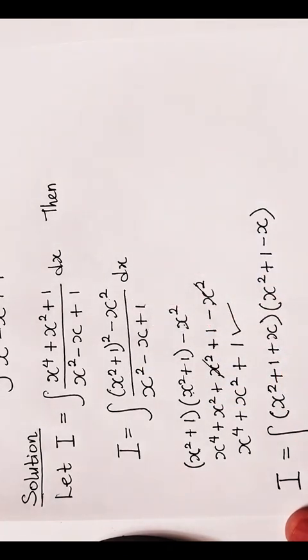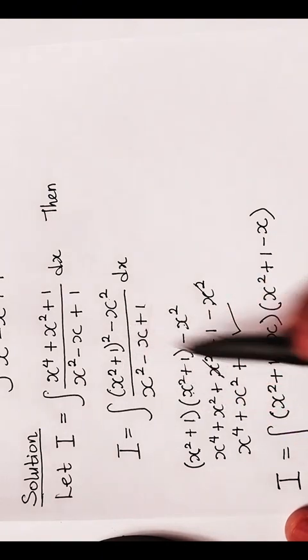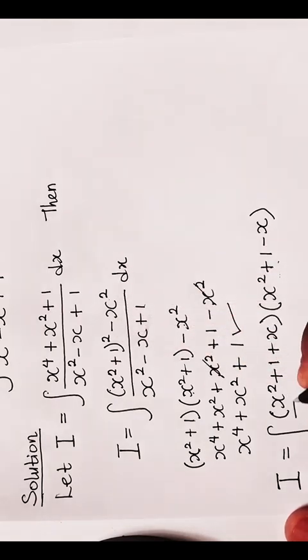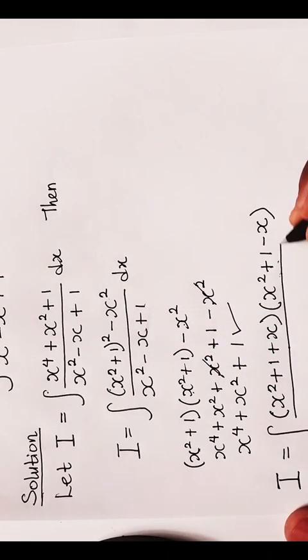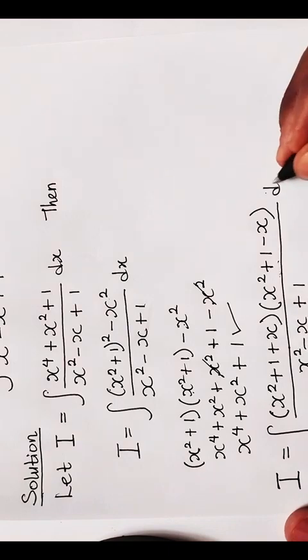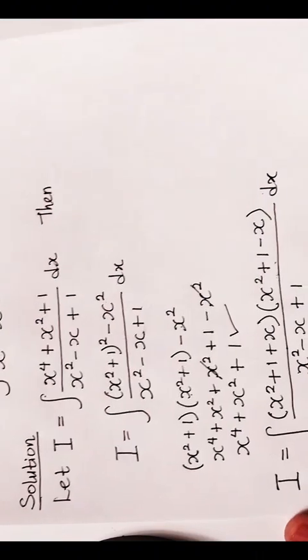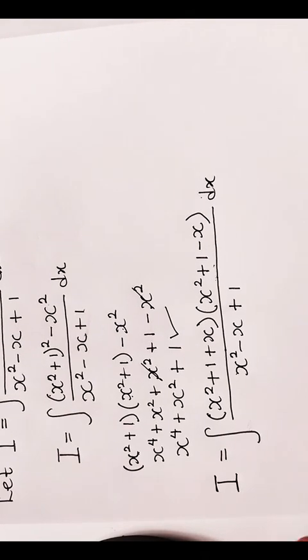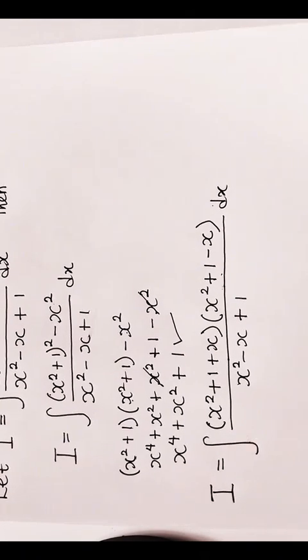If we open the brackets, what we have just written is the same thing as what we have here. So all over x^2 - x + 1 dx.